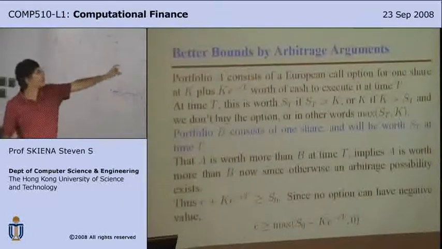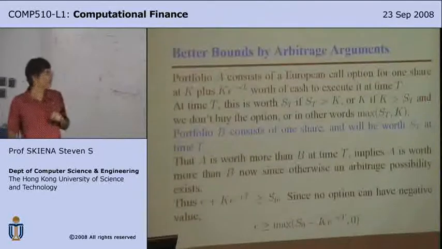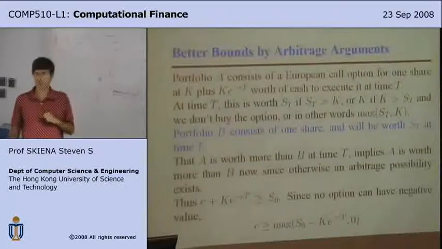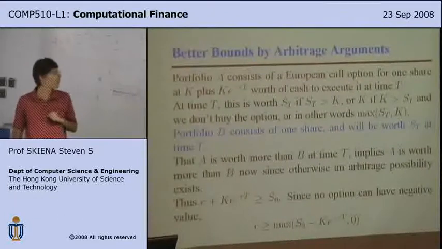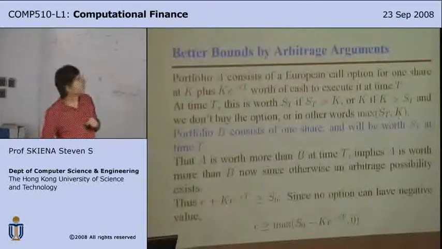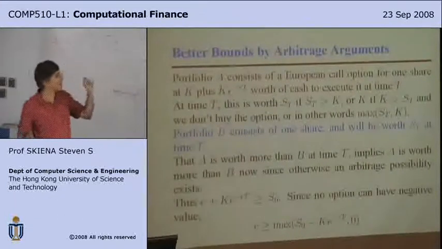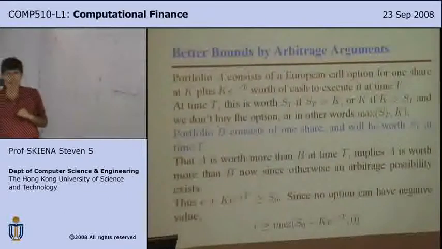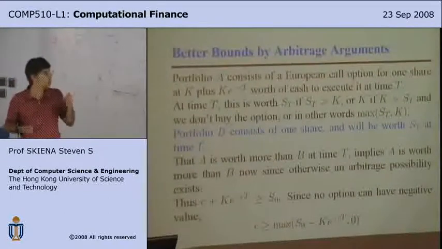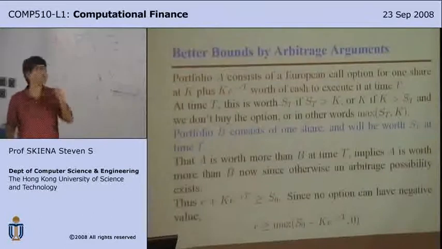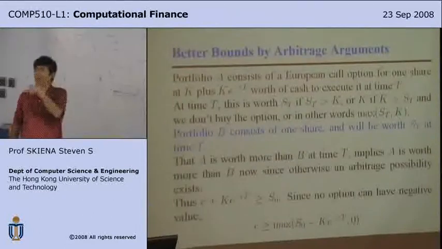What is the value of that portfolio at time t? I claim if the price of the stock at that time is greater than the strike price, what am I going to want to do with my option and cash?